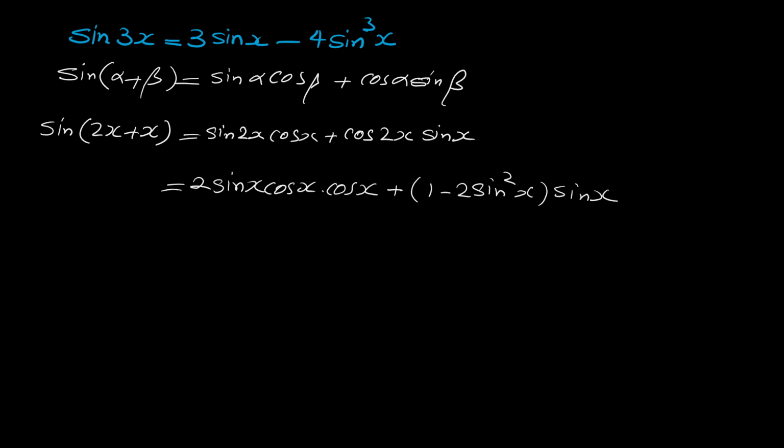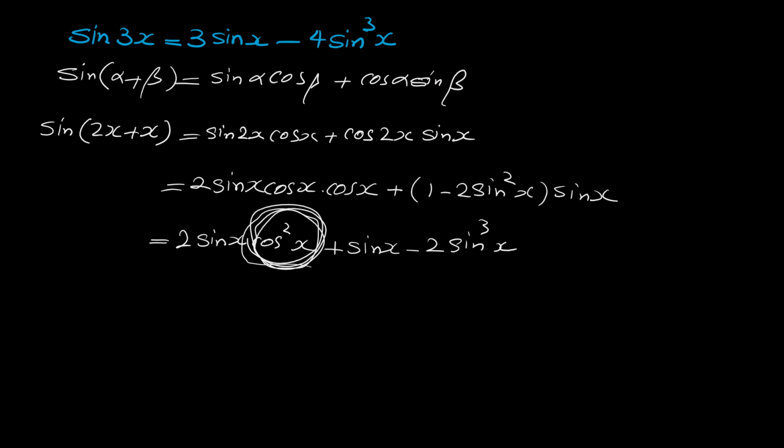Now let's simplify this expression. We have 2 sine x cosine x times cosine x, which would be cosine squared x. If you multiply sine x in the bracket, we have sine x minus 2 sine cubed x. Now look at this. This is the only thing that we have to get rid of.